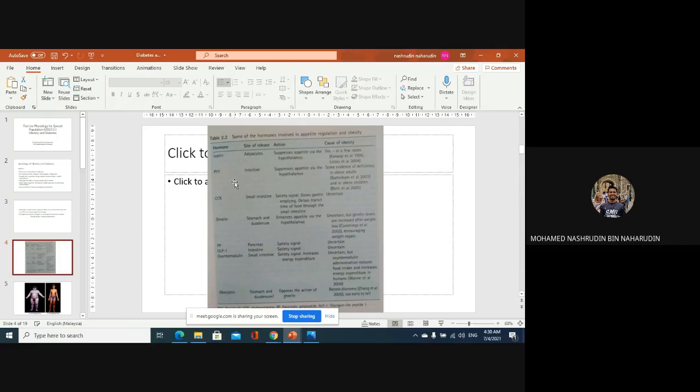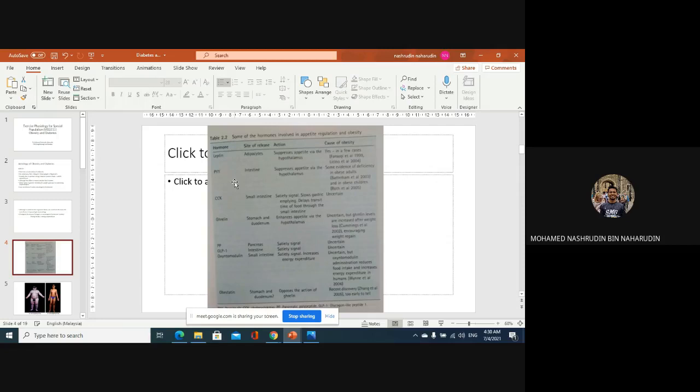Then CCK as well is a satiety signal. It is secreted in the small intestine. And then ghrelin is the hunger hormone that triggers you to eat when you feel hungry. So ghrelin is the one that plays an important role.